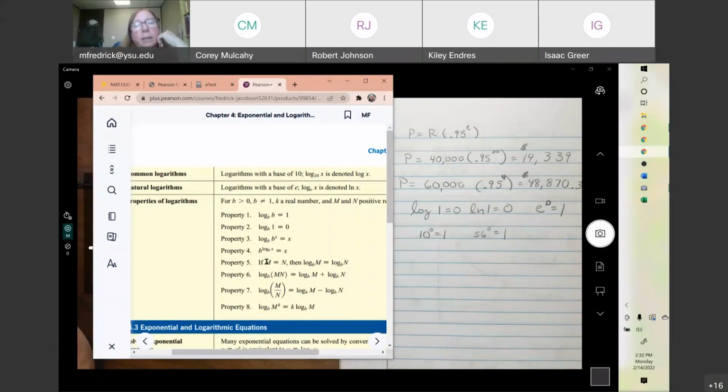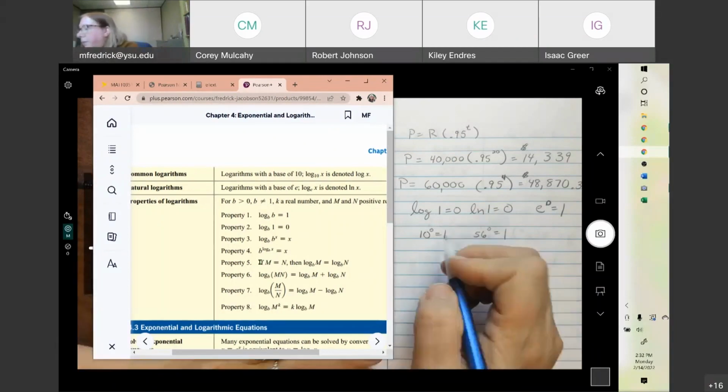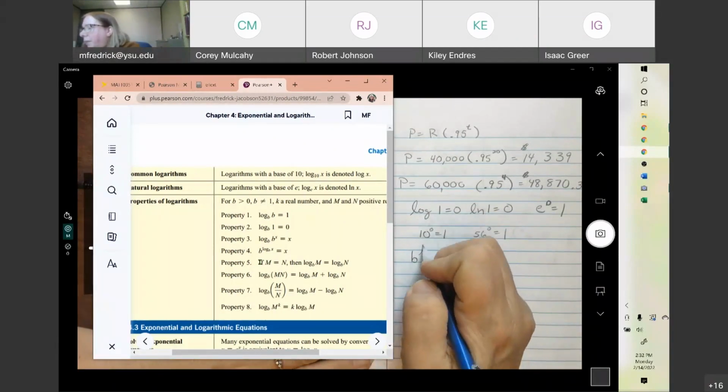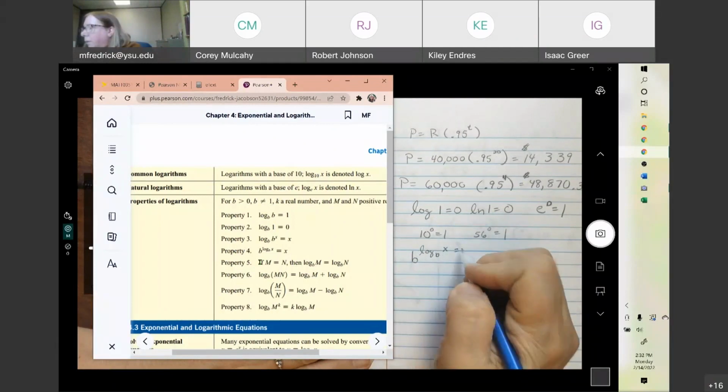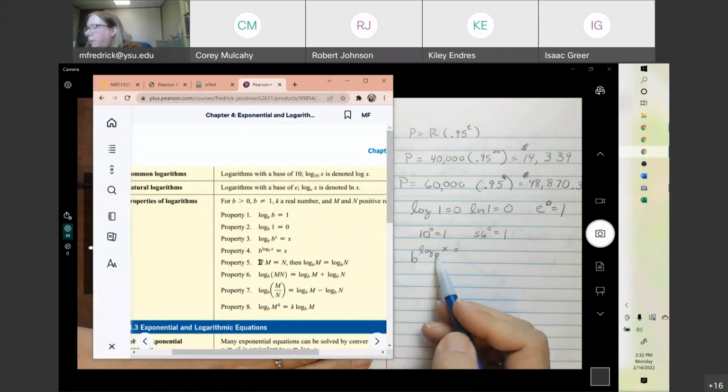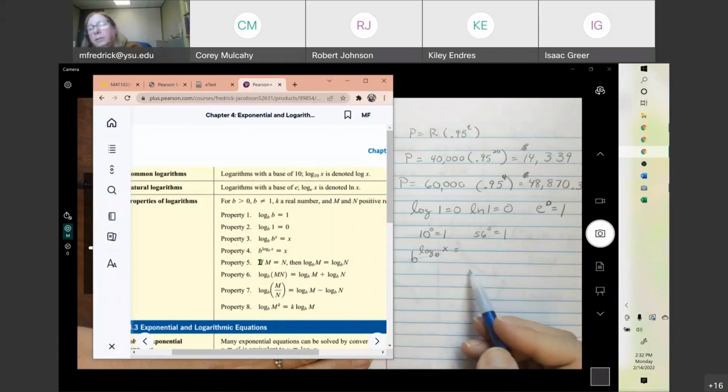B, it's hard to see it, it's so small. B, and then in the exponent is log base b of x. You could think of these as canceling if you want, and it just leaves the x.